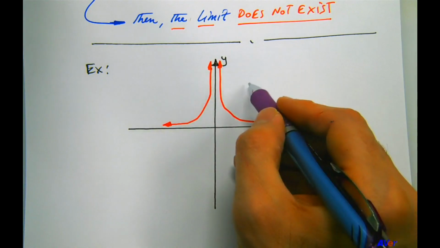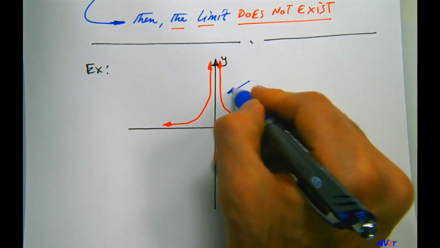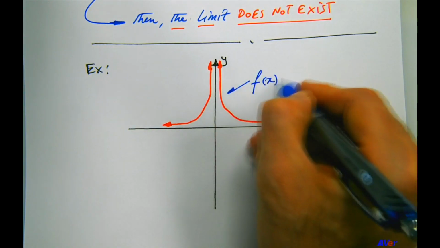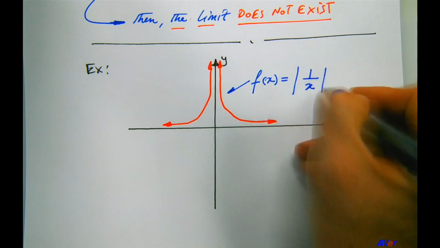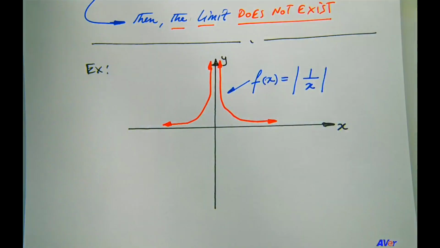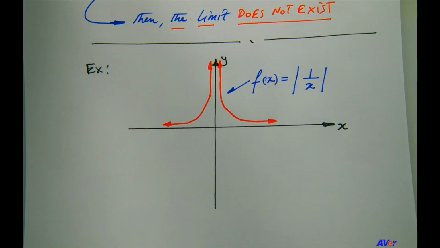So this is the graph of the function f of x equals absolute value of 1 over x. Okay? That is the graph of that function.